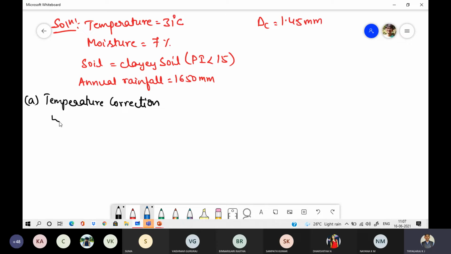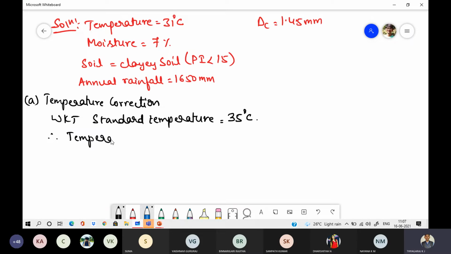So we know the standard temperature. What is the standard temperature we are going to test? 35 degrees Celsius. So therefore temperature correction factor is equal to, now we have to deduct 35 minus 31.